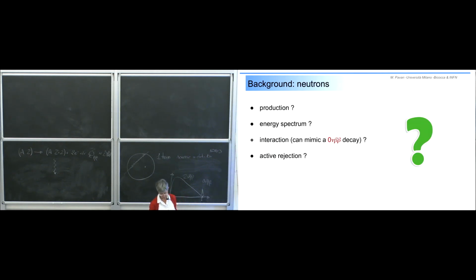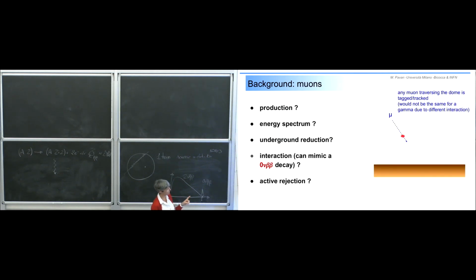The only case in which it could not be enough is when muons produce a neutron, the neutron activates a metastable nucleus, and then this metastable nucleus decays after a long time. Because you see the point. The point is that I tag, with my veto, a muon.